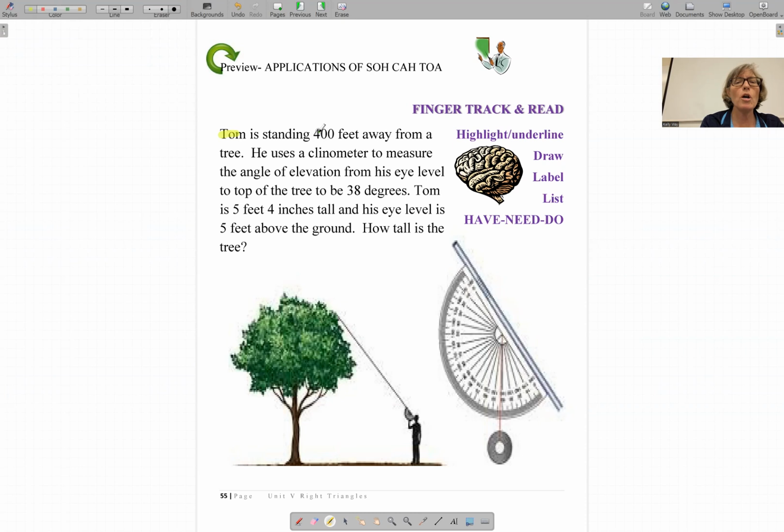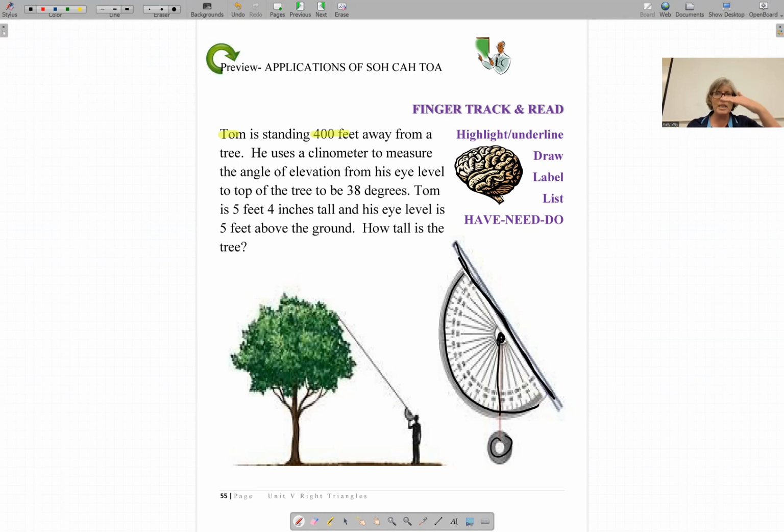You have a figure, Tom, 400 feet away from a tree. A clinometer is an object that measures angles. There are electronic clinometers, but a really old-fashioned clinometer would be something where you have a protractor-like object with a string, some sort of looking through device, even like a straw. There's string with the weight on it.